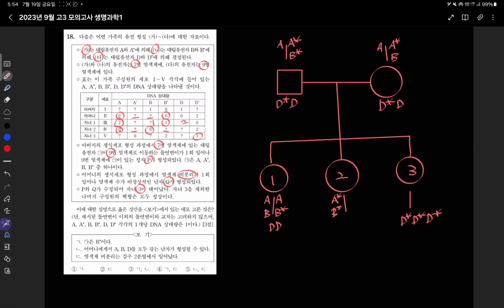And from the father cell, it contains a B allele. So he is heterozygous in gene B. So when you look at child number 1's genotype, the chromosome with A and B asterisk allele should come from mother.